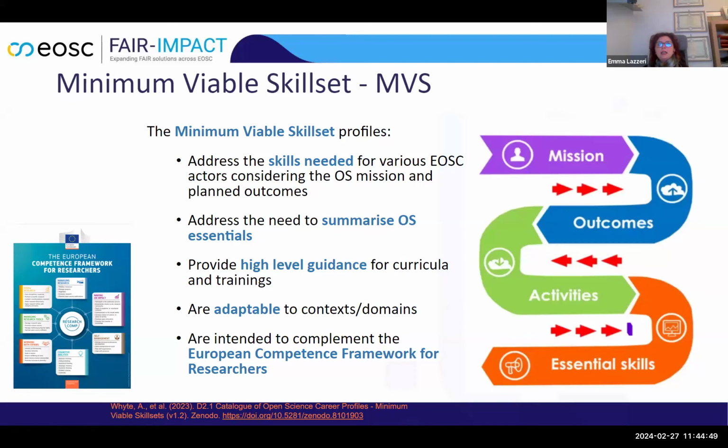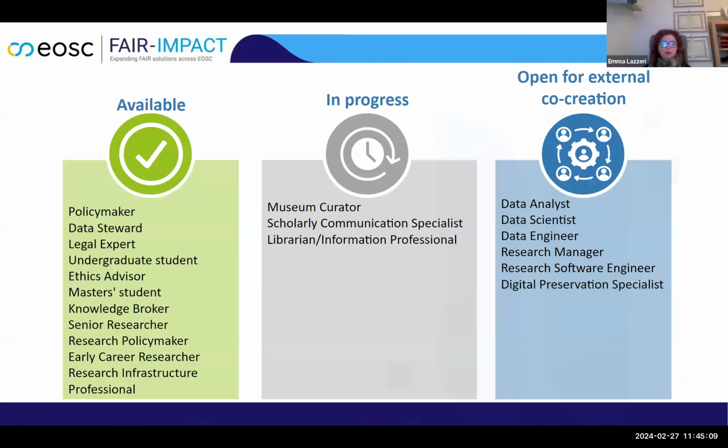So they summarize open science essentials, skills, and they provide a high-level guidance for curricula and training. Of course, they are adaptable to context and domain, and we really encourage you to check them out and to adapt them in your local context.